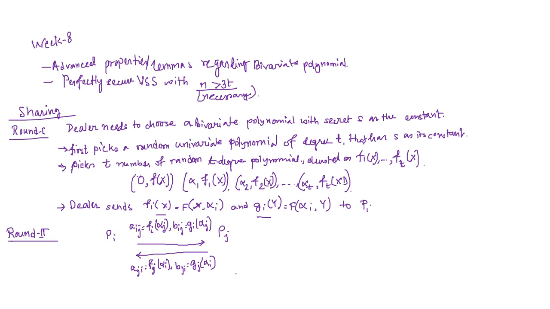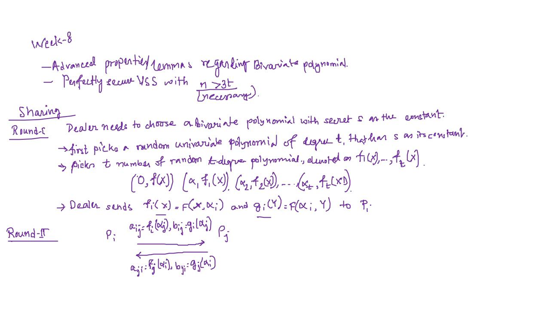Now, by the property of pairwise consistency lemma, it is ensured that Fi of alpha j is equal to Gj of alpha i. It should be the ideal case. So once in round 2, each pair of Pi and Pj have exchanged this information between them.